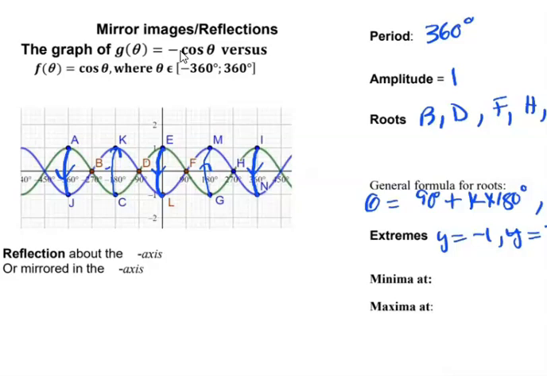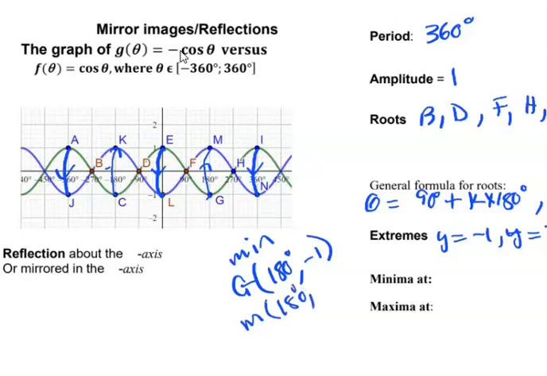So if I write down the coordinates of the minima, the point G of the original function will be the point 180 degrees, minus 1. But M, and that was a minimum, is now the point 180 degrees, plus 1, which is now a maximum.